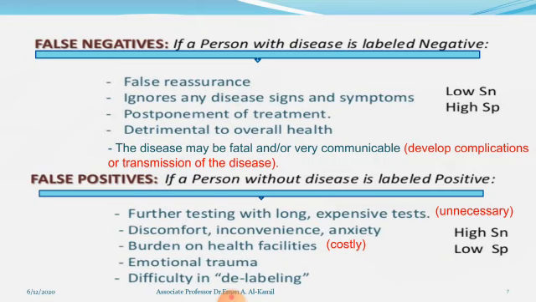Such an individual has false reassurance. We are going to reassure him that he has no disease according to the screening test, but actually he has the disease. So he will ignore any disease signs or symptoms, or postpone treatment. He will not have appropriate or essential treatment, and this will affect his overall health.